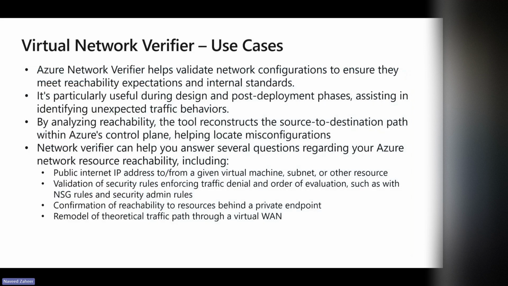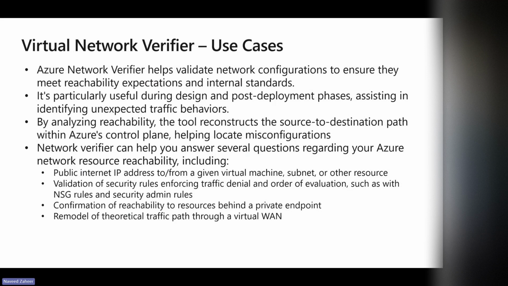So some of the key use cases, a few of which I already talked about, are from public internet to a virtual machine, subnet, or a resource. At this point, it can be a storage account, a Cosmos DB database, or a SQL server.